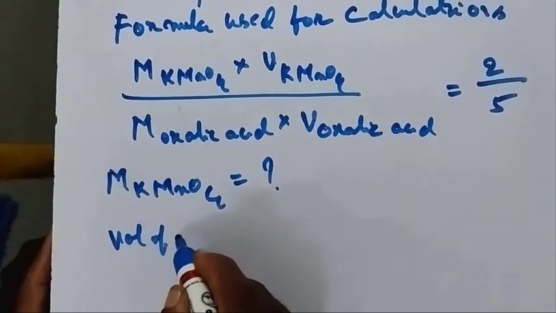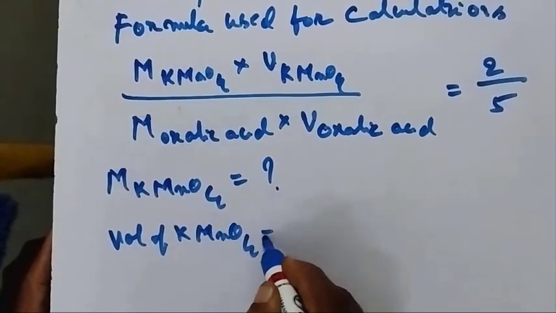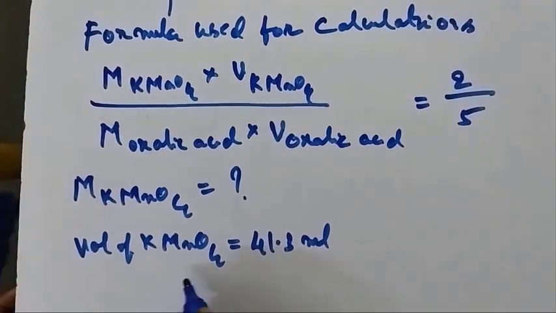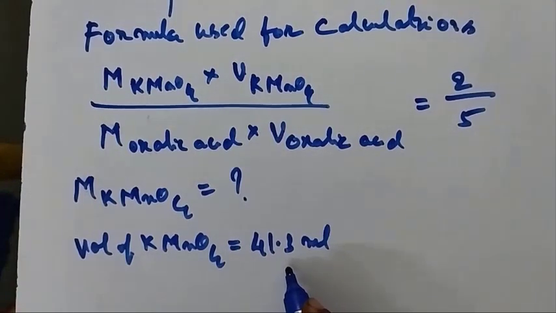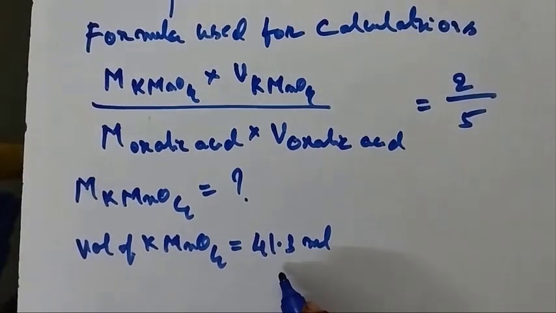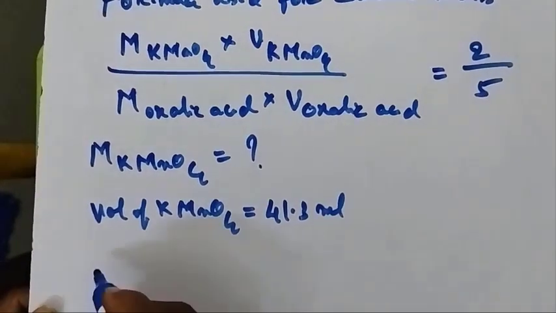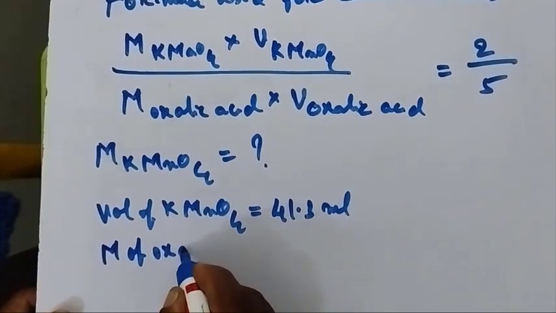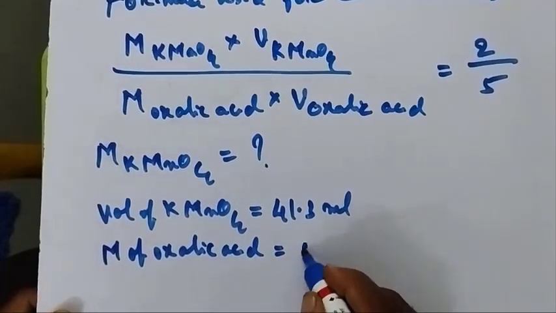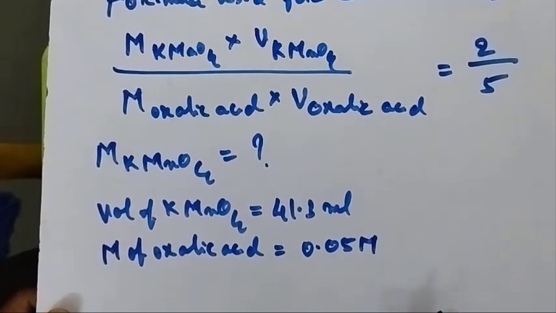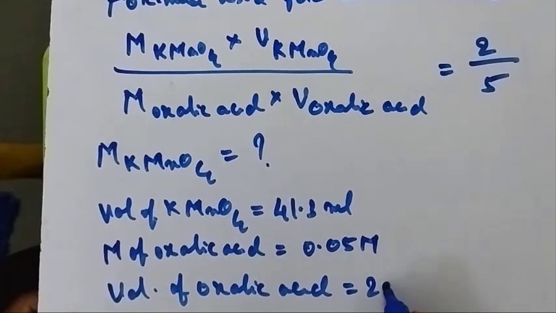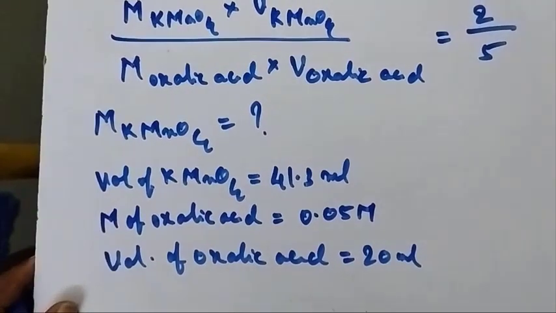Volume of KMnO4 equals 41.3 ml, obtained from the burette reading, that is the titer value. Molarity of oxalic acid prepared is 0.05 M. We took 20 ml of oxalic acid using a pipette.